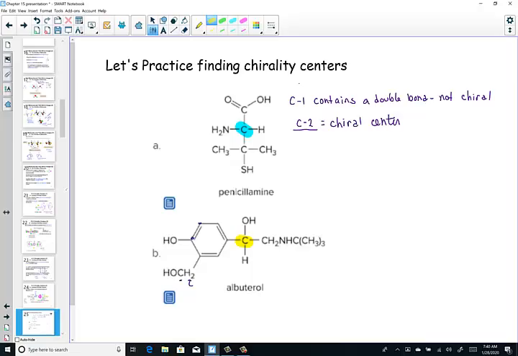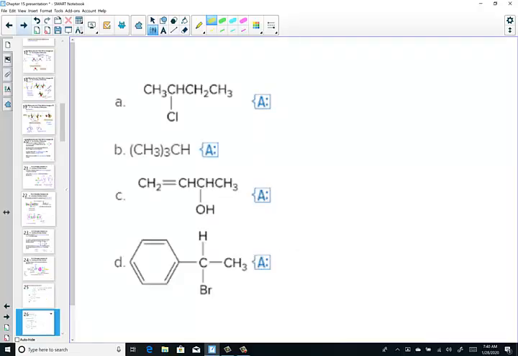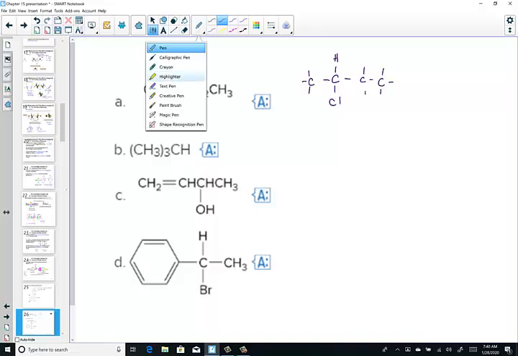Cool, how you doing? Here we have letter A, and in this example, if I just kind of look at drawing out, I have a carbon attached to a hydrogen, chlorine, a methyl group, and then an ethyl group. So I do see 4 unique attachments.